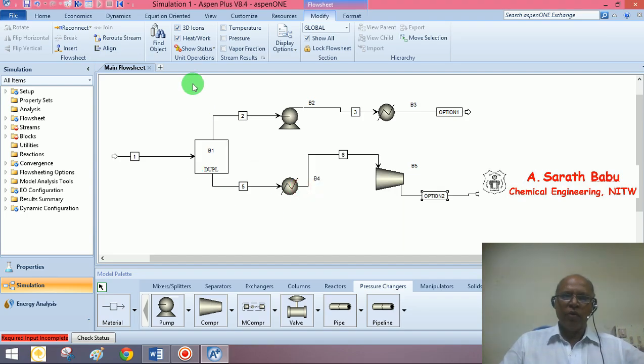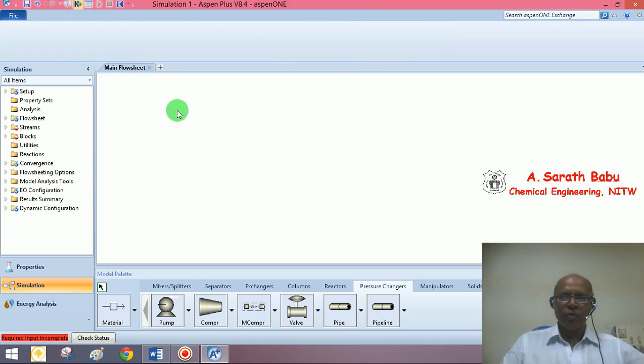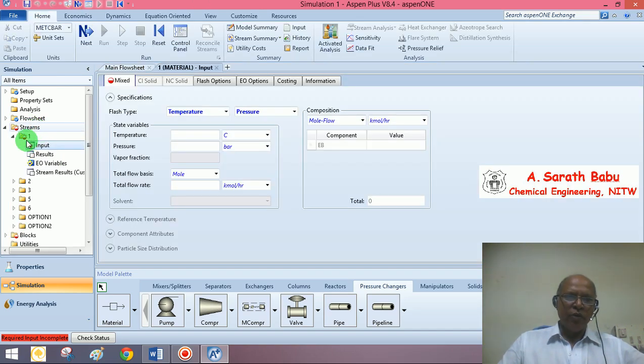Now as you can see, for this entire problem, there is only one input stream which needs to be specified along with the required information with respect to all the blocks. So having drawn the flow sheet, now we'll be in a position to go to the next input screen. Now you can see the information is required with respect to only the input stream plus the blocks.